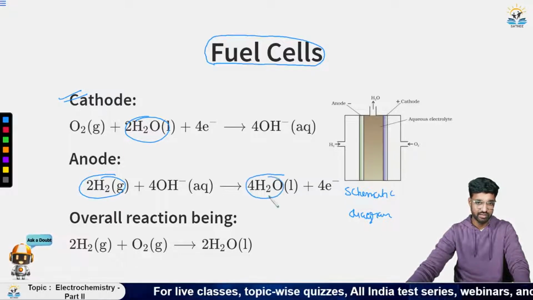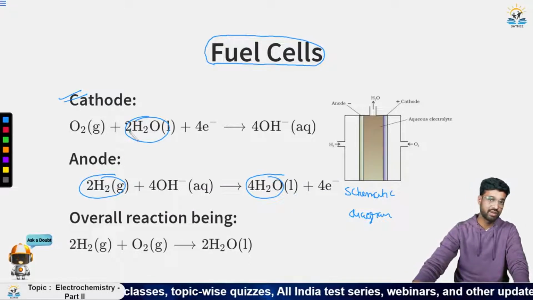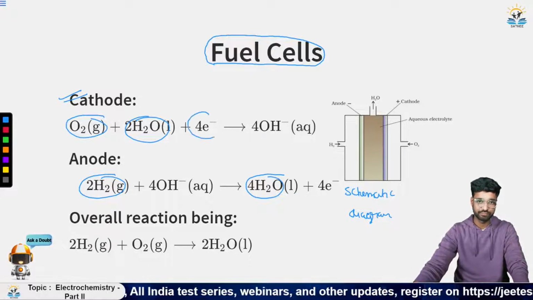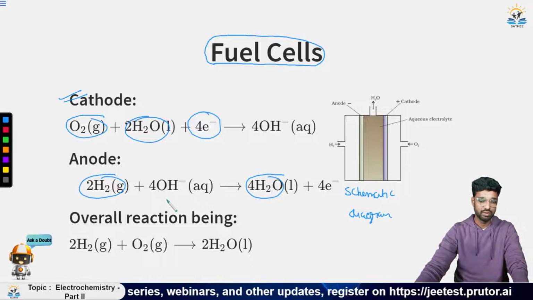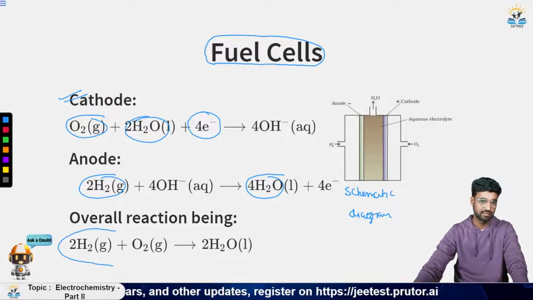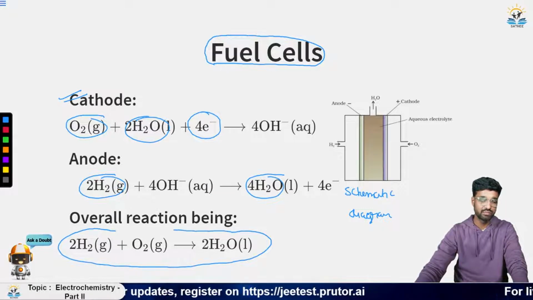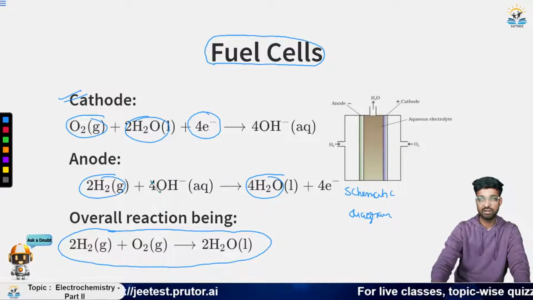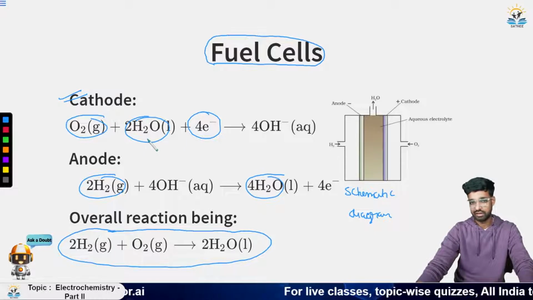Similarly, we have oxygen on this side, and it is getting reduced. Now the overall reaction is this. I am giving you this example so that you can know what numerous applications electrochemistry has in daily life.